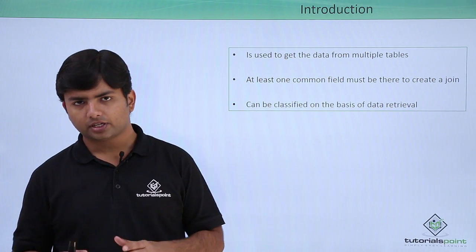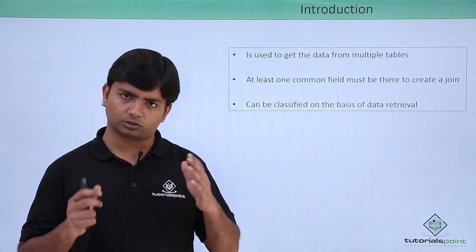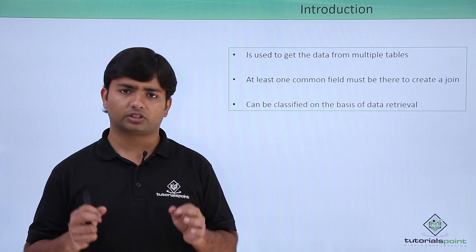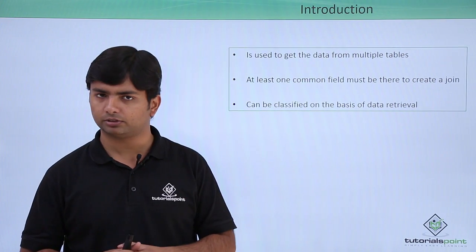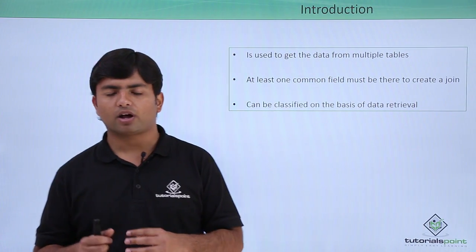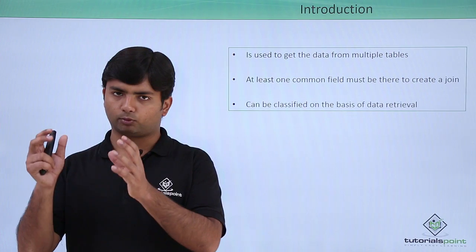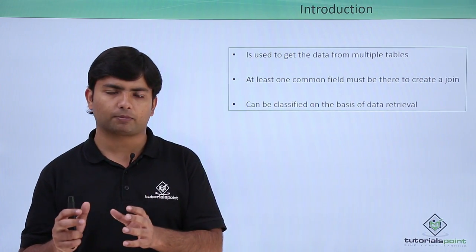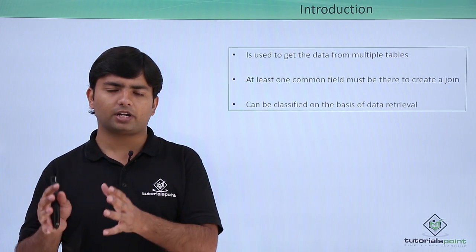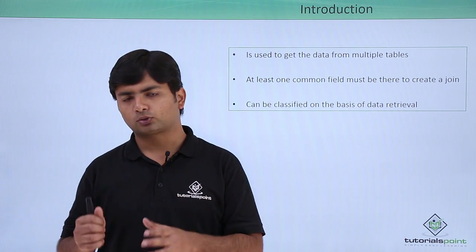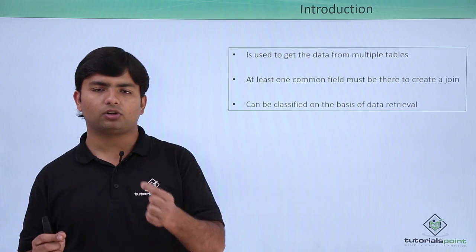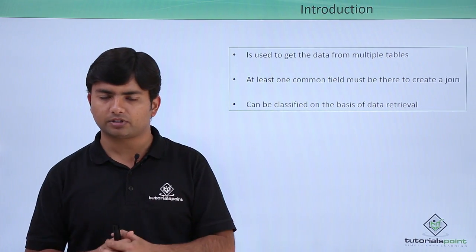tables. But if I want to take a join, there must be at least one common field in both the tables. For example, if I want to check what is the name of a particular department and along with the department name, I want to get all the employees working in that department. So there should be something common in the employees and departments table.